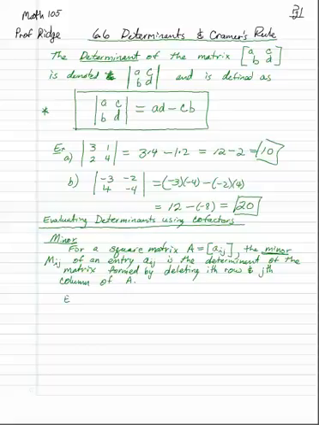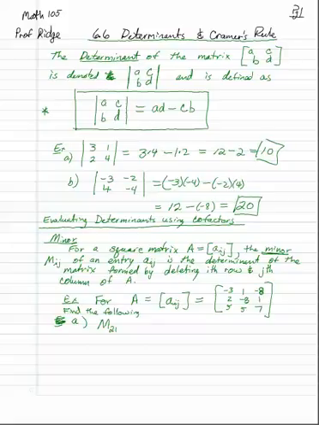Let me give you an example. If we have matrix A and I want to find M sub 2,1, the minor for row 2, column 1, I take A, which is negative 3, 2, 5, 1, negative 8, 5, negative 8, 1, 7.